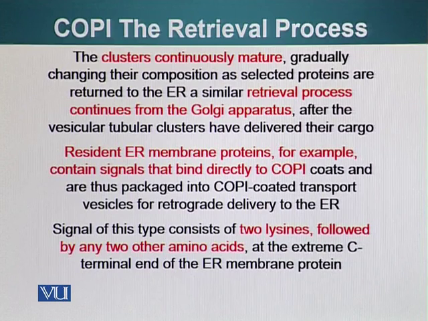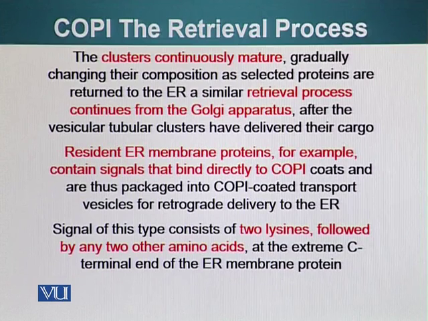After the vesicular tubular clusters have delivered their cargo, resident ER membrane proteins, for example, contain signals that bind directly to COP1 coats and are thus packaged into COP1 coated transport vesicles for retrograde delivery to the endoplasmic reticulum.